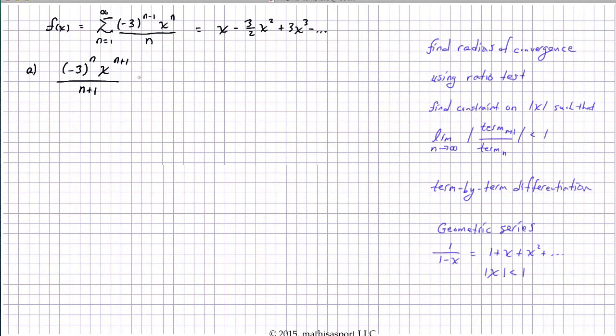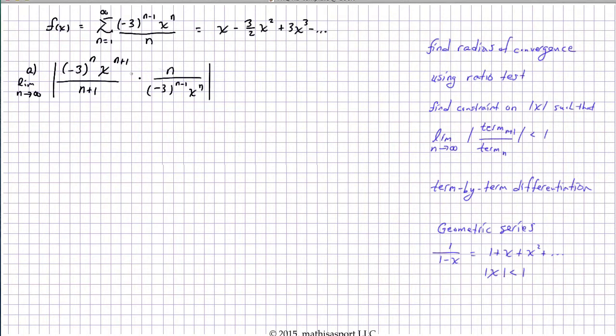Now instead of dividing, we're just going to multiply by the reciprocal, just to keep our fractions of reasonable size. And so we have n over -3 to the n minus 1, x to the n. Now we're actually taking the absolute value of this, and we're taking it in the limit that n tends to infinity.